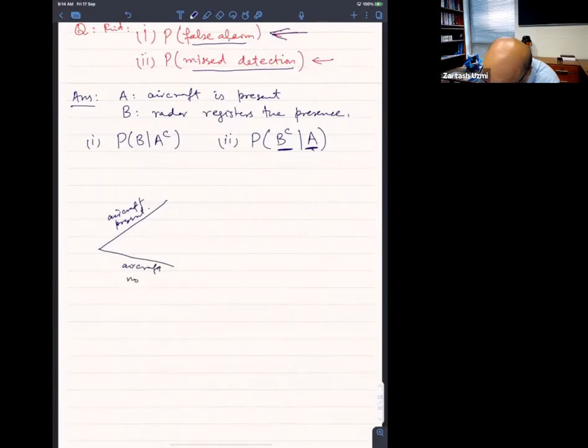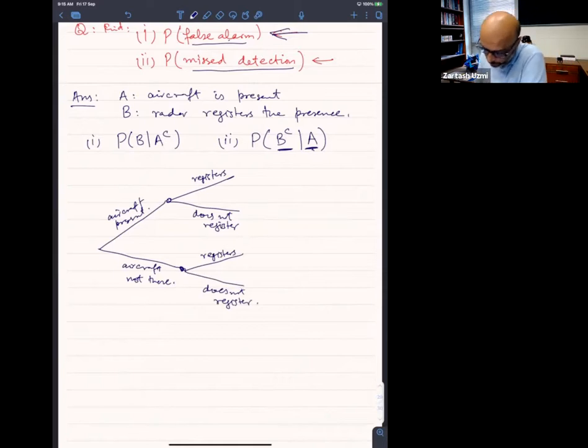Aircraft not there. ये दो ही पॉसिबिलिटीज हो सकती हैं और फिर उसके बाद वो डिटेक्ट करेगा, registers, does not register, and again ये भी हो सकता है कि एयरक्राफ्ट नहीं हो तो तब भी रजिस्टर कर दे, registers and does not register.